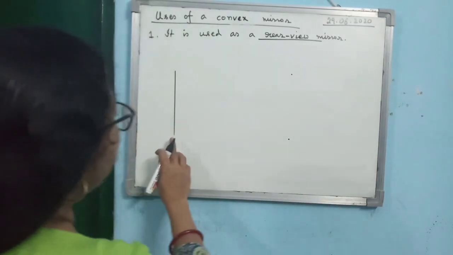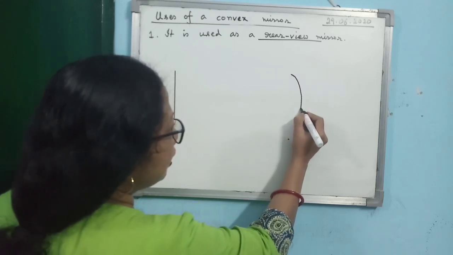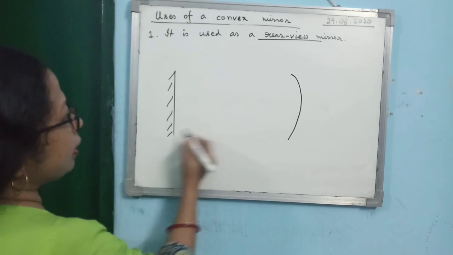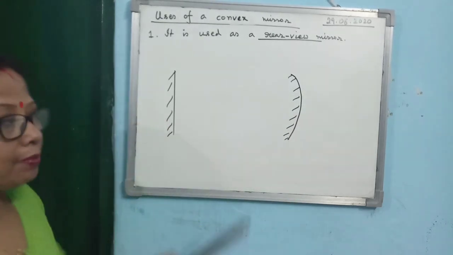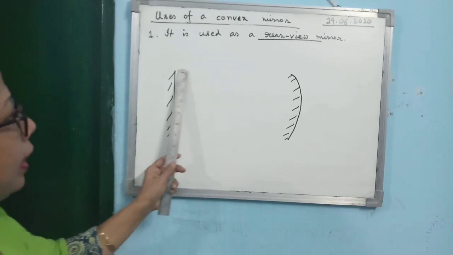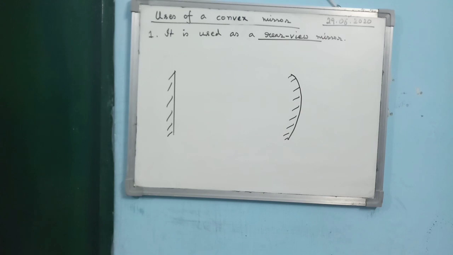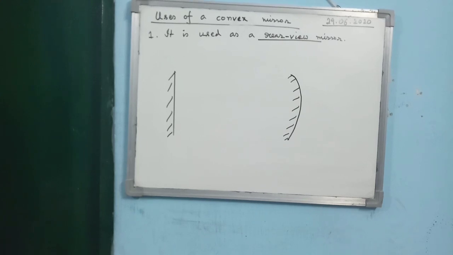Here I have taken two points on the same line. Then this is a convex mirror and this is a plane mirror. Both mirrors you should take of the same size, along the same line.